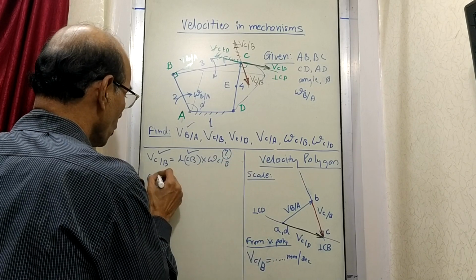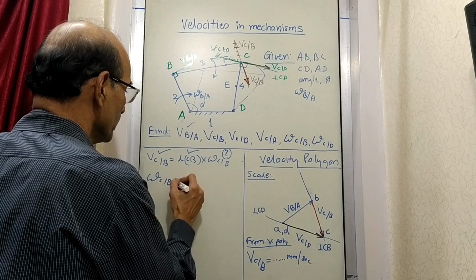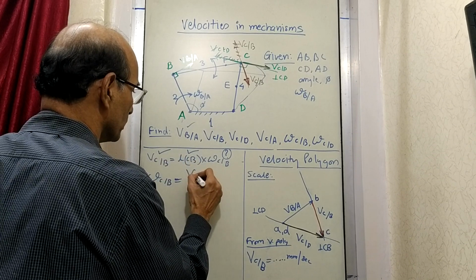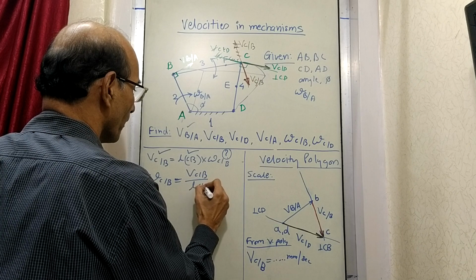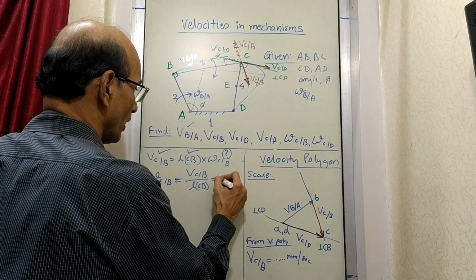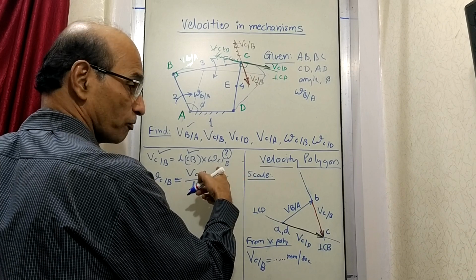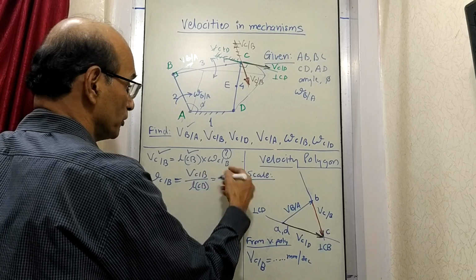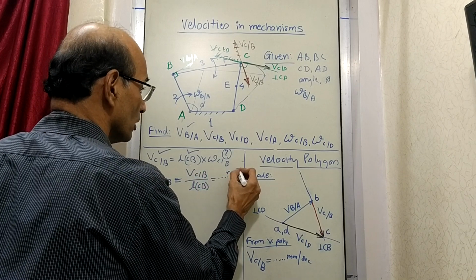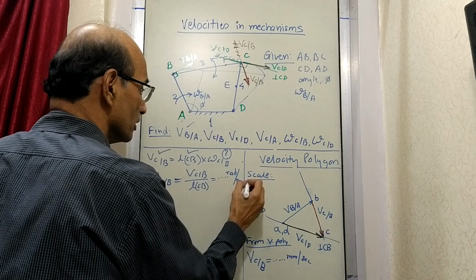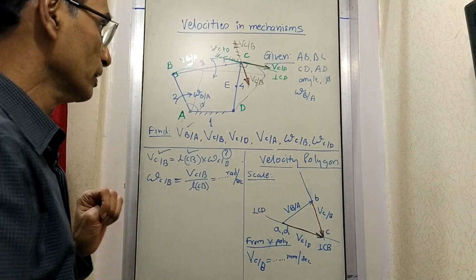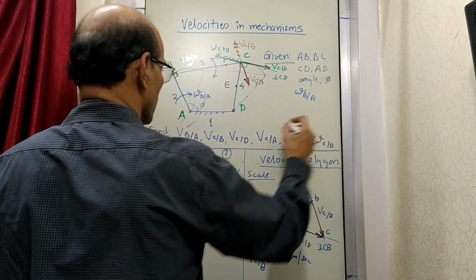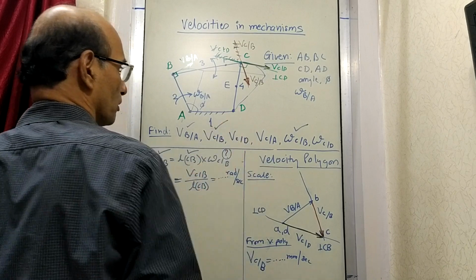So we say that omega of C relative to B is equal to velocity upon length. So this you write down and get the answer for angular velocity of C with respect to B, whose unit is radians per second. That means this answer we got and this answer we got.